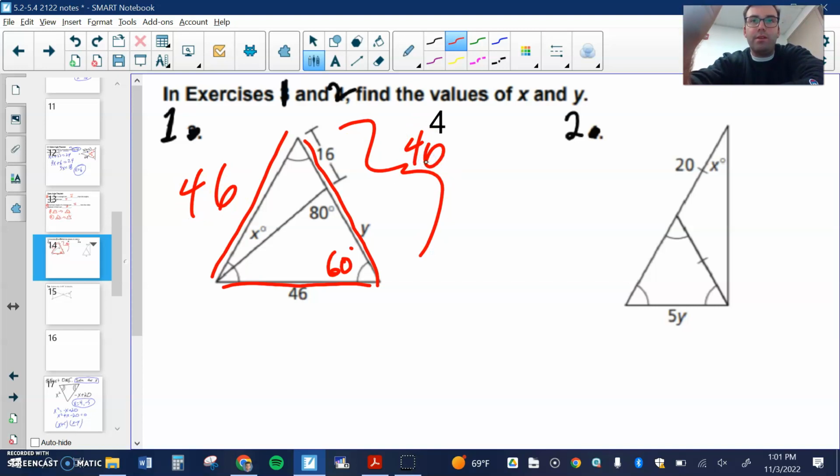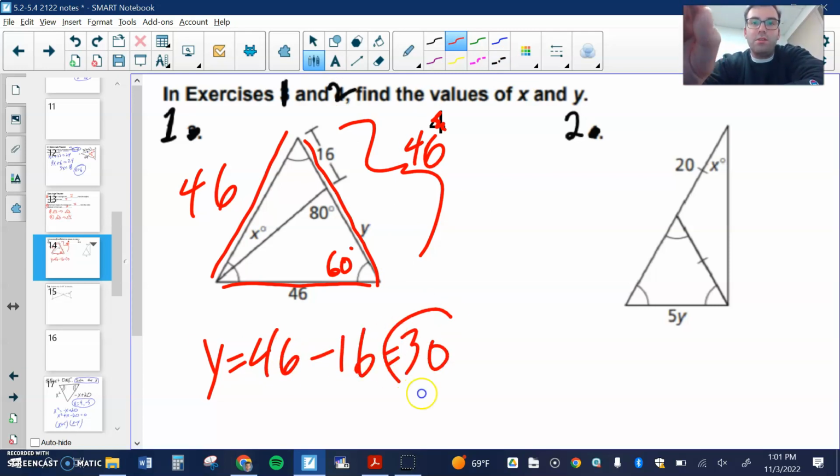I don't know why that 4 is there, but ignore that. If that whole side is 46, then y has to equal 46 minus 16, which is 30.